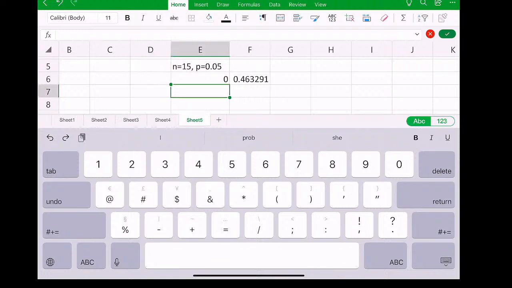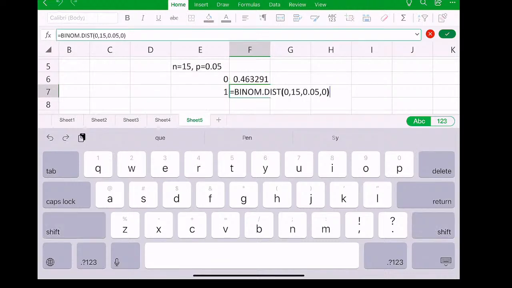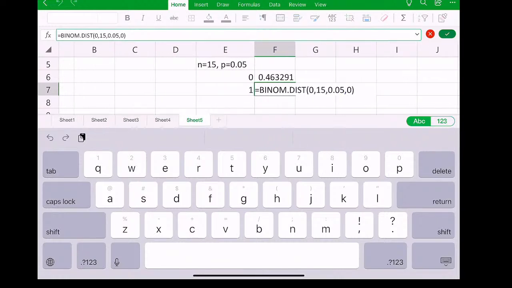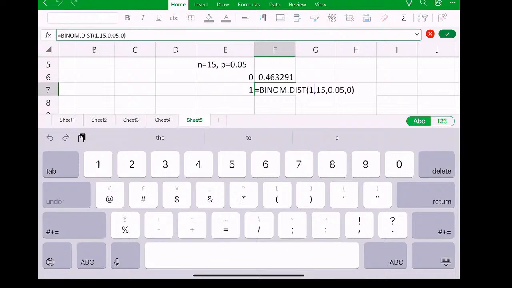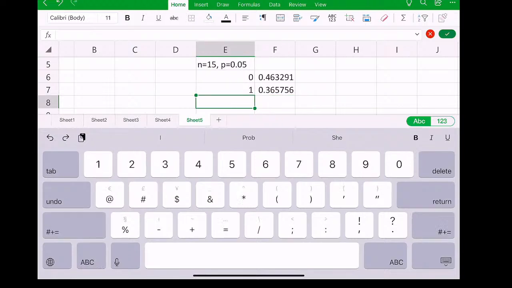Now if you want to do this for the next one, you can copy and then just change this value, not that value, this value to 1. So that's the next one. Then the next value changed to 2.